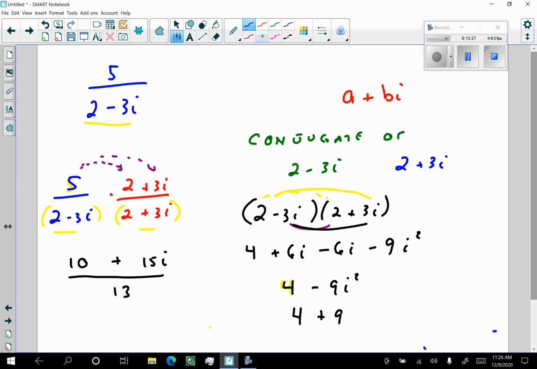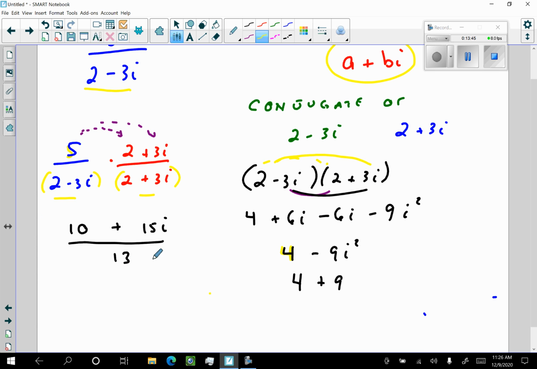I still don't have the final answer in a plus bi form. So what I'm going to do now is simply divide this up. You can divide a fraction up if you have a single term on the bottom. So this is going to equal 10 over 13 plus 15 over 13i.